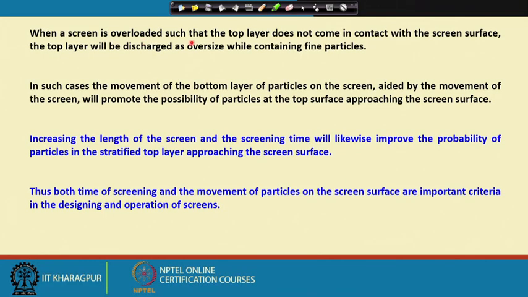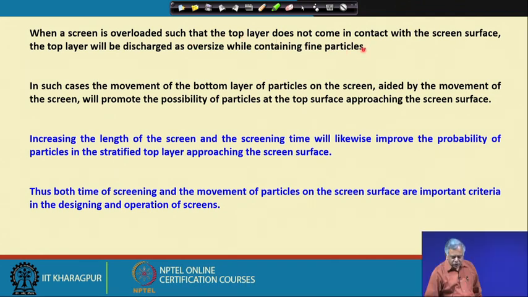That is why I have written that when the screen is overloaded such that the top layer does not come in contact with the screen surface, the top layer will be discharged as oversize while containing fine particles. Suppose I have a 100 micrometer opening, and a 1 micrometer particle, which ideally should pass through that 100 micron aperture, even with only one interaction, because it is much finer than the aperture size.